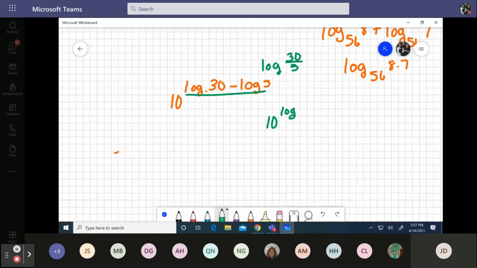Now what's my base right here? That's my 10 again, right? So since it's in an exponential form, let's stick an x on the end and rewrite that in log form.